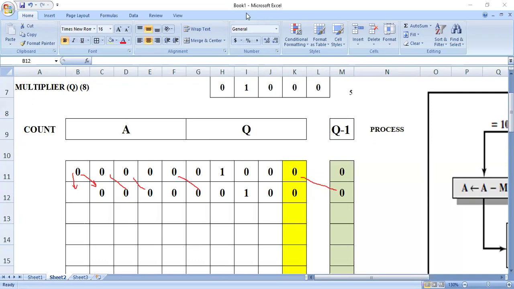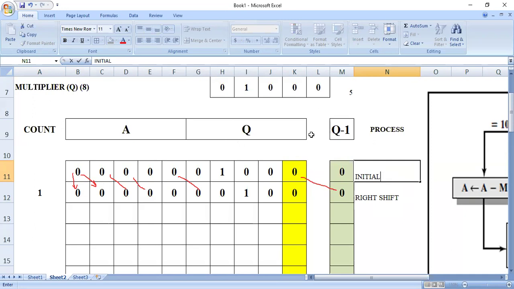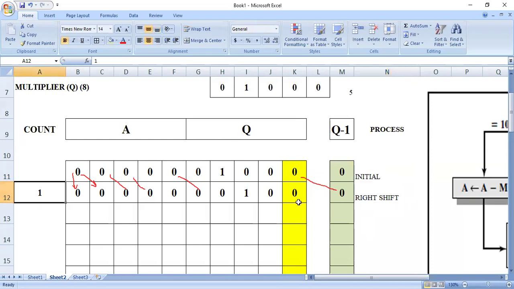So here I'm making it 0. So this is the first count. What we have done is just performed the right shifting process. Before that was the initialization process: after initialization, we made A equal to 0 and Q equal to the multiplier value. So the first cycle has been over. Now the total count is 5, and I have performed only one count.